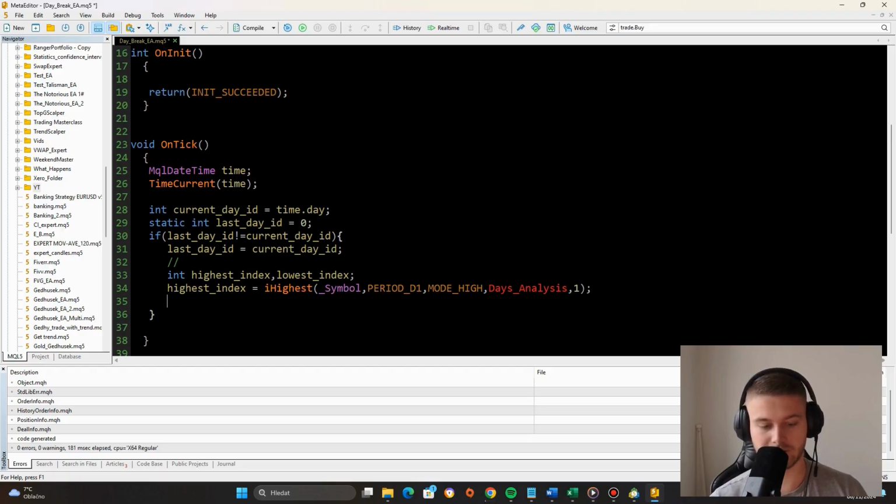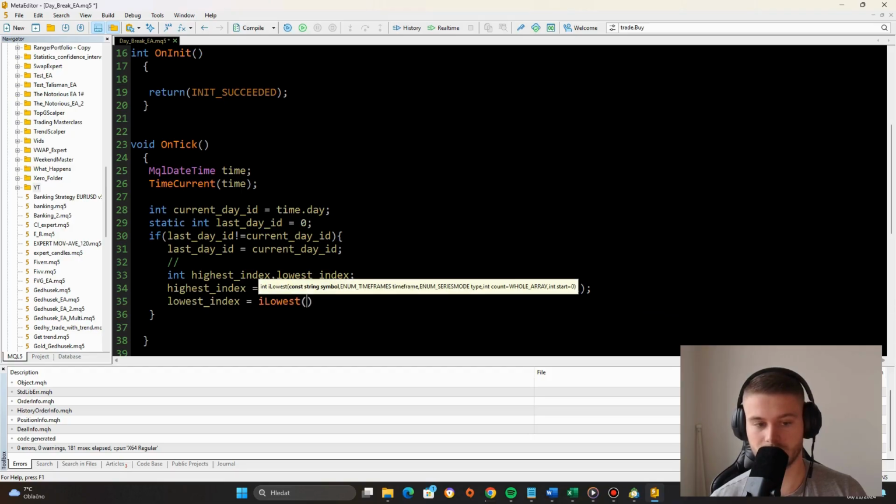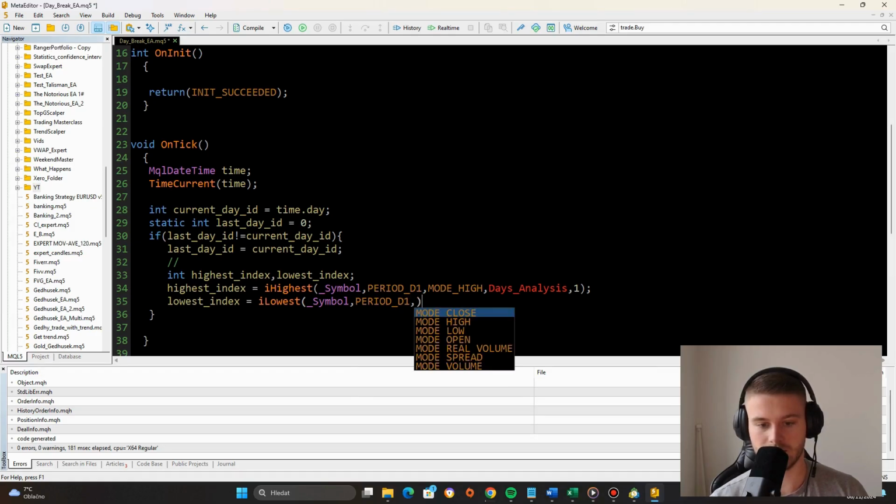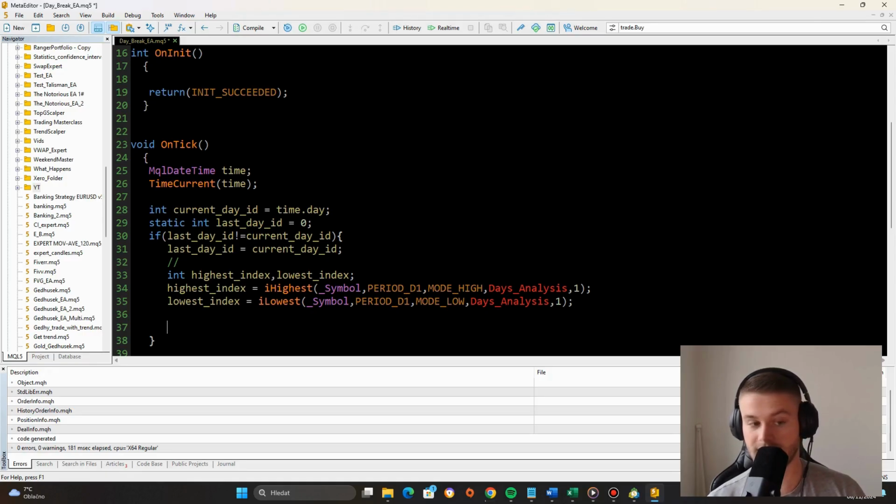And now I will do the same thing for the lowestIndex, but I'll just use the lowest instead of the highest: current symbol, PERIOD_D1, MODE_LOW, and daysAnalysis and 1. Okay, and now I can get the actual values.